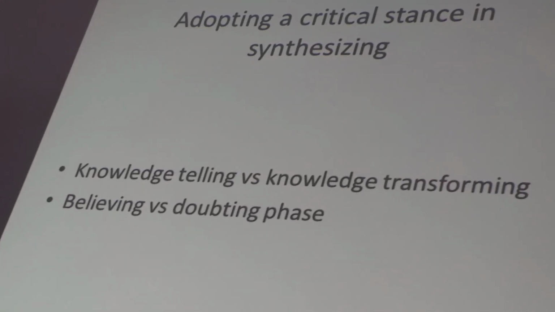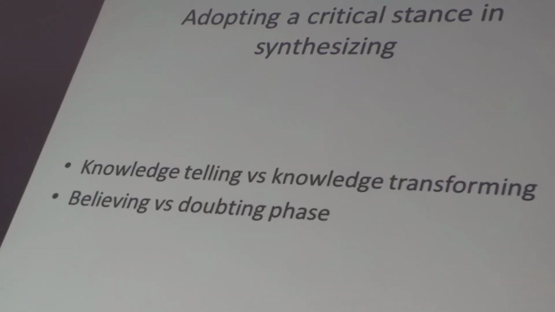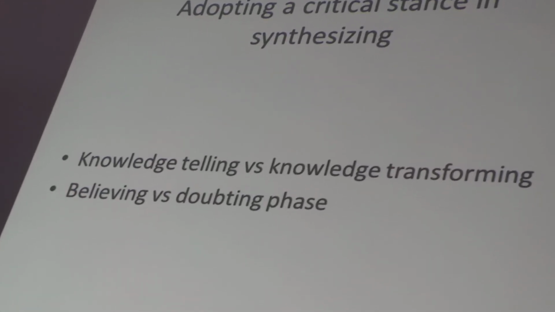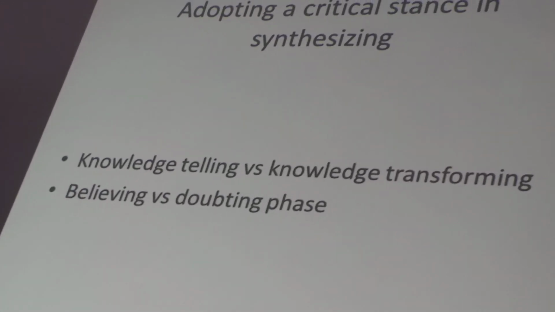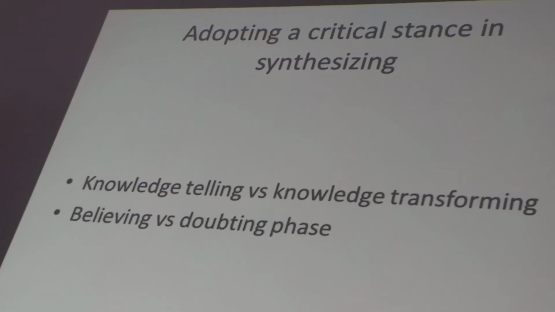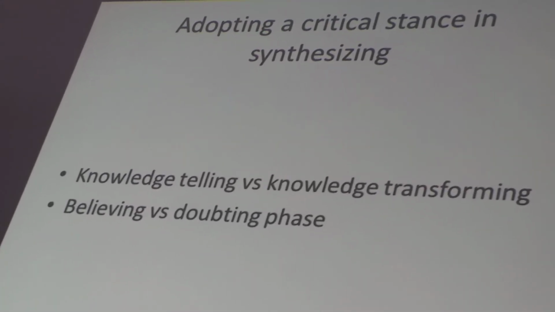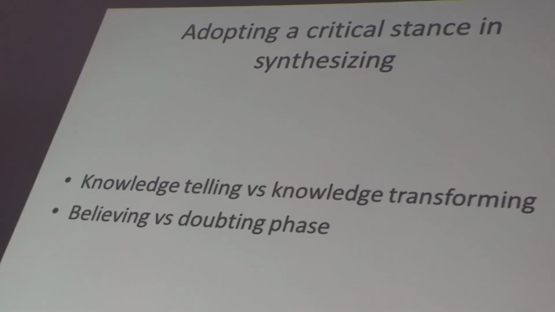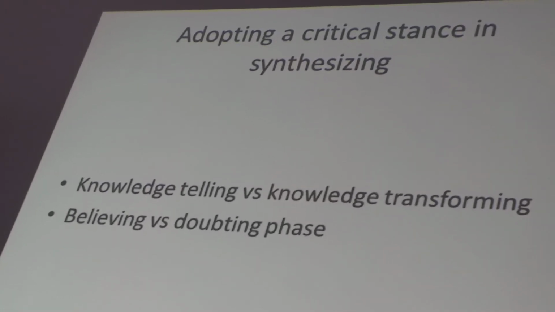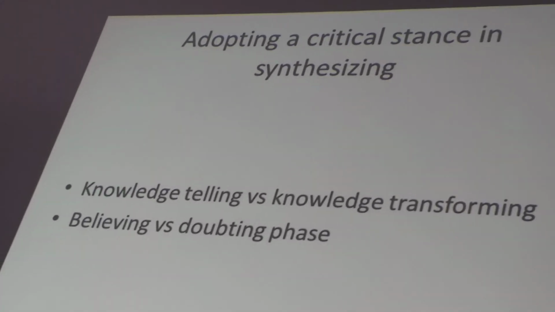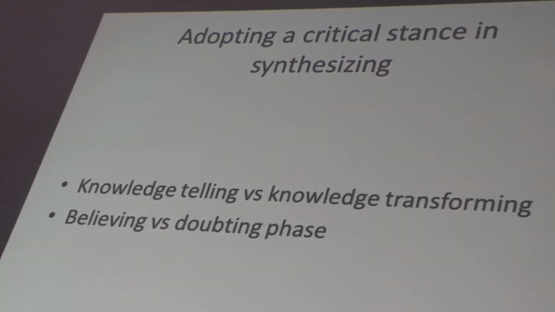You are going to use both of them, and both knowledge telling and knowledge transforming. So we can say that the common strategies used in synthesizing are grouping the sources, comparing and contrasting the sources, exploring conflicting or contradictory findings, and adopting a critical stance.